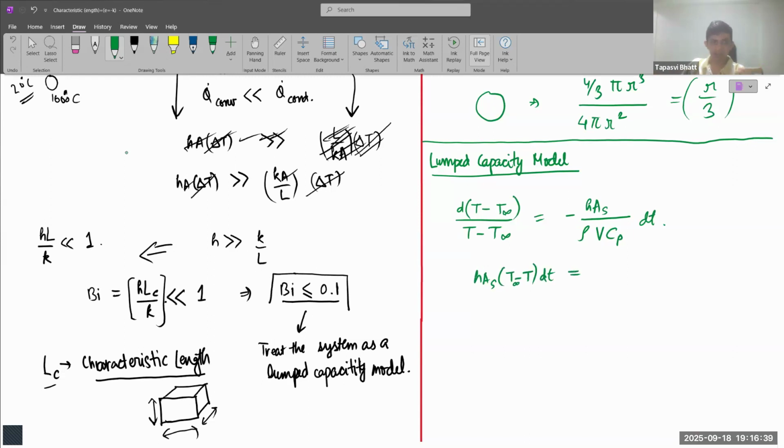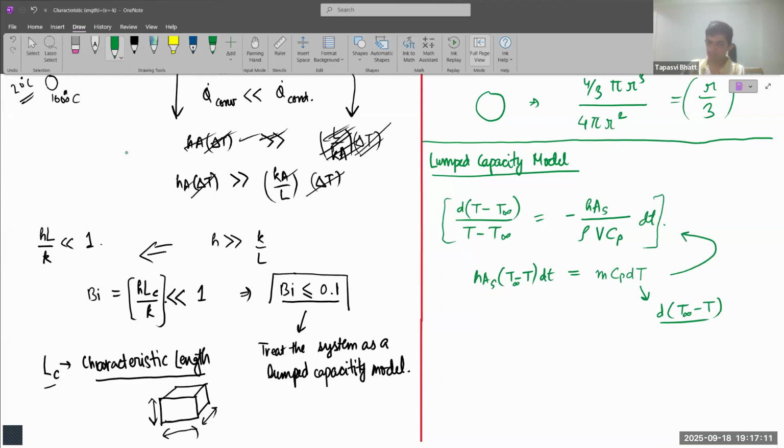You're equating it with a small increase in the energy of the body. What is the energy of the body? It is m Cp delta T. But it is in a small time dt, so it's going to be dT. And dT can also be written as d of T minus T infinity, right? So from this, if you put T minus T infinity as some constant and you do the math, you're going to get to this equation.